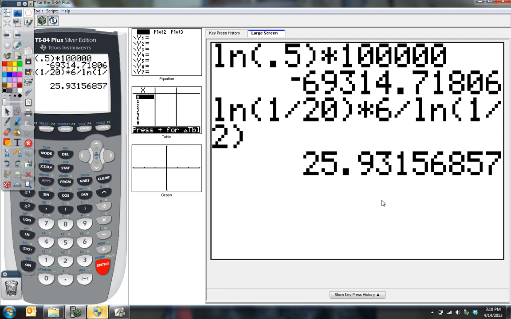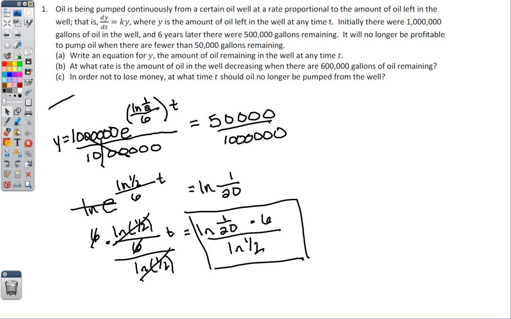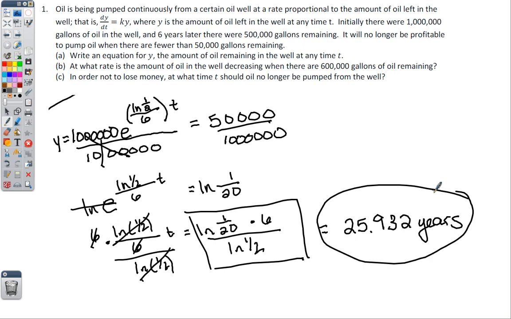They won't care. So 25.932 years. Okay, so they can pump oil for a very long time. All right, so there's question 1.